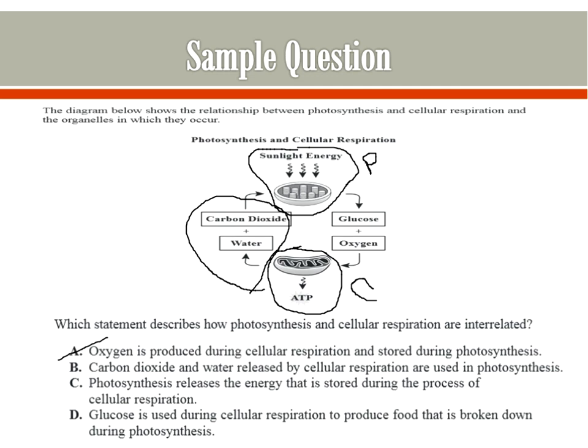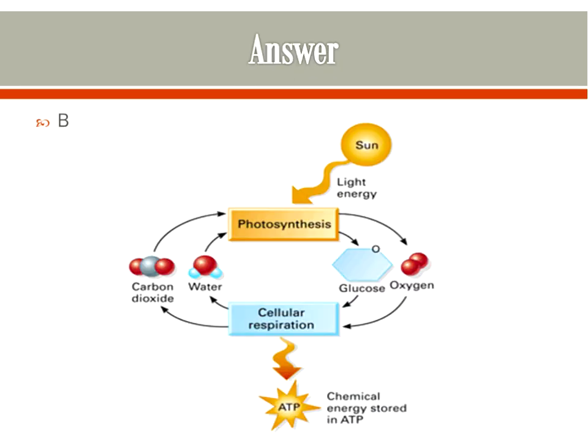No, we make energy. So that's not right. And is glucose used during cellular respiration to produce food that is broken down during photosynthesis? No, plants don't take in food. They just take in water, carbon dioxide, and energy. So for that one person who put the letter B, you are correct. It is the letter B for sure.